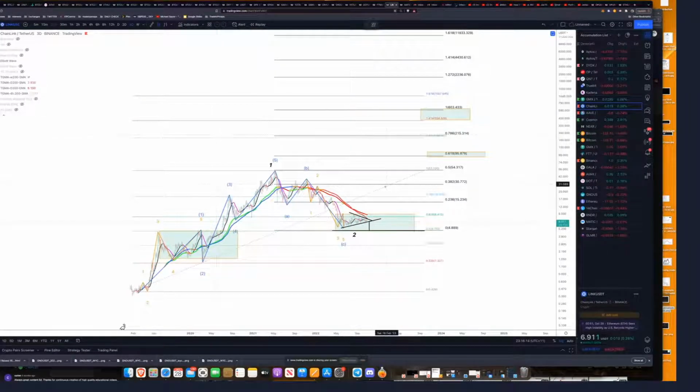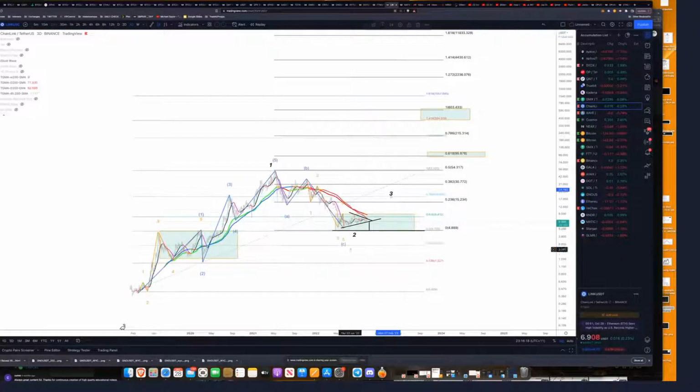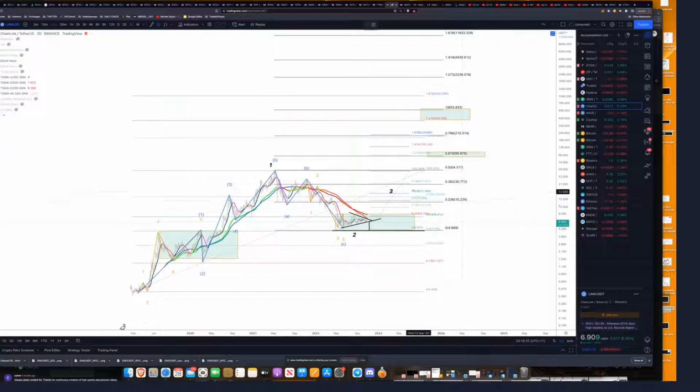I do believe our 3 could be somewhere around here. It depends how the bounce goes. Let's just try something for a sec. From there, if that's our bottom, to the top, we might come up to this level, 618.